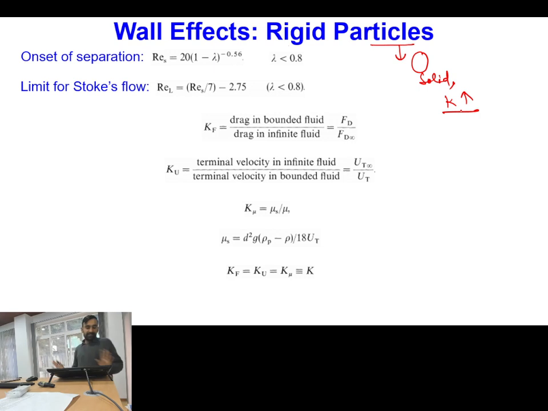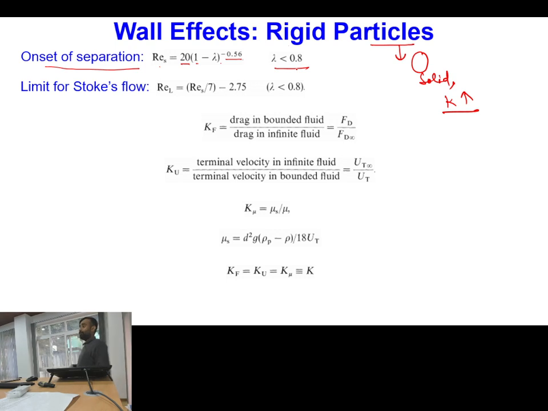So if any of these three situations exist, then we will find that onset of separation will occur at 20 times (1 minus lambda) to the power minus 0.56 for values of lambda less than 0.8.